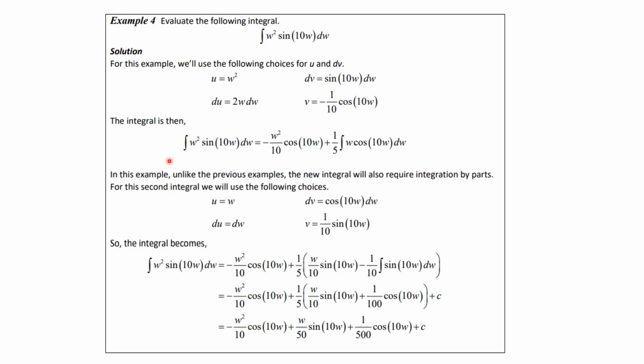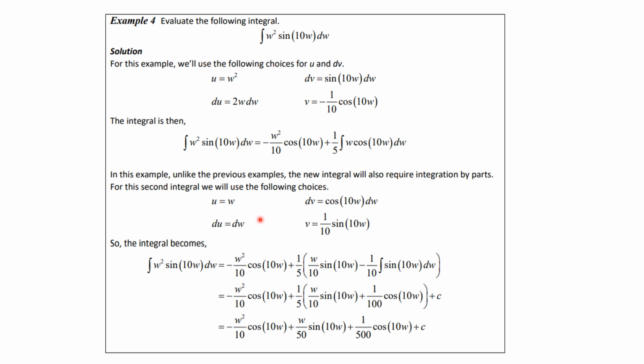So the integral of w squared sine 10w dw, that's the integral of u dv. It's going to be uv minus the integral of v du. And again, what happens here now is we have integration by parts again. So the 1/5 is going to sit there, and it will be this 1/5 down here. But now we have to integrate by parts again, so we're looking at just this part.